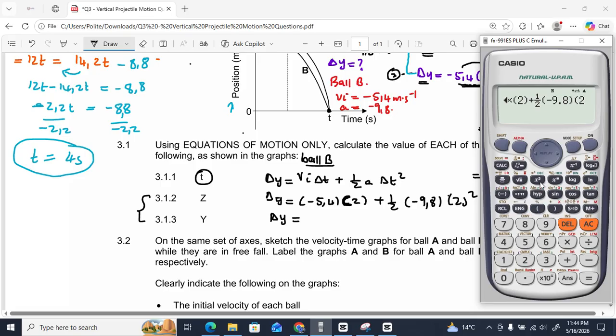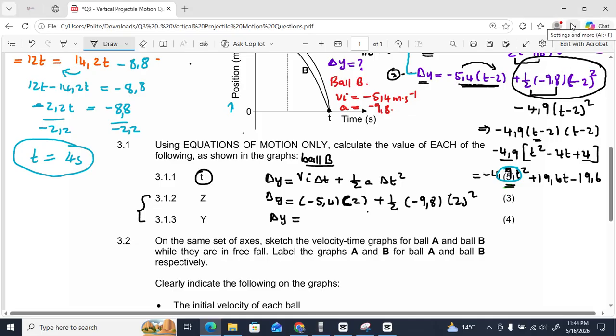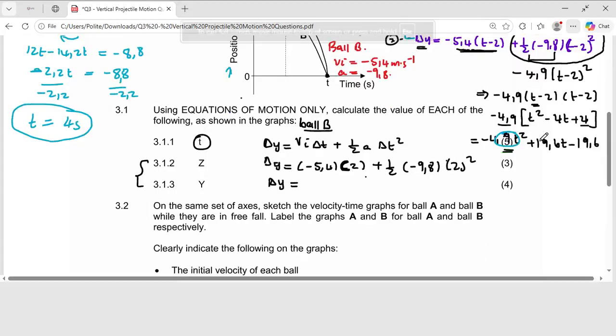I'm not sure, guys, if this will give me the answer, but it looks like it might give me an error. Let me check. Okay, this gives us negative 30. You see, my answer is negative. So this tells me that the displacement of ball A is going down. So that's negative 30.4. That's the answer.